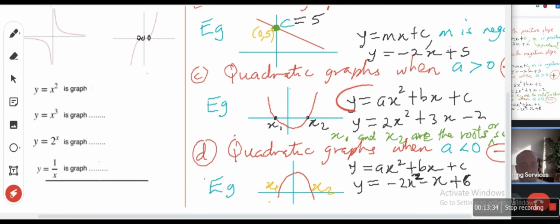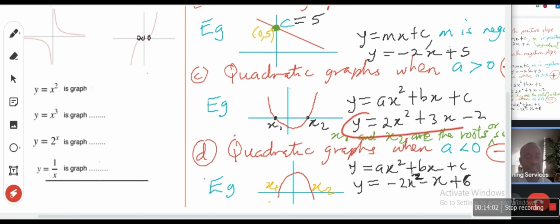The general equation of a quadratic function is y equals ax squared plus bx plus c. You know that. So if a is positive, in other words, greater than 0, it will form a u. But if a is negative, it will form an n.